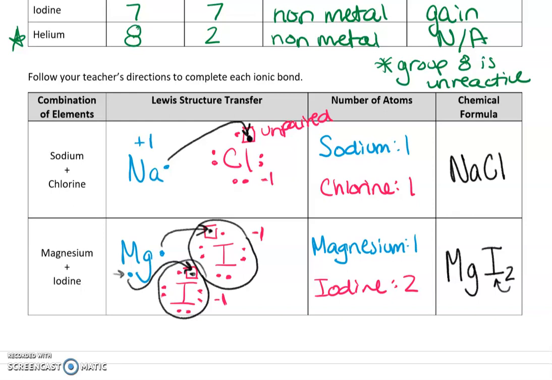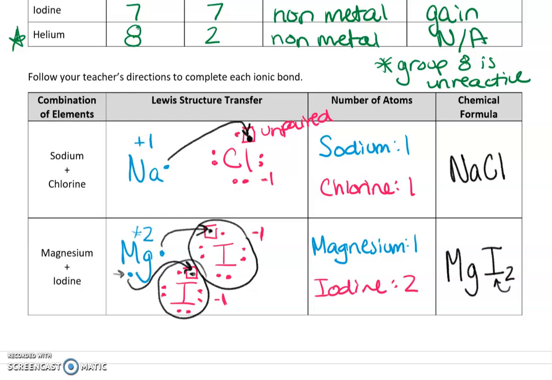It's positive because it has given up negative charges. However, it has given up two negative charges, leaving it positive by 2. So if it has more protons than it does electrons, it's positive. Because it lost two negative charges, it has two more protons than electrons. That's where we're getting that positive 2 charge.